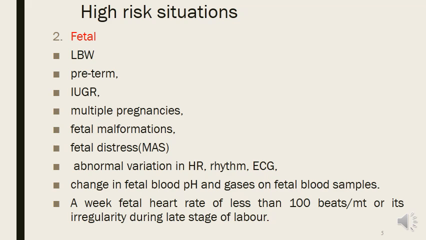In these cases also we can anticipate resuscitation, and fetal distress. For example, in meconium aspiration syndrome, the baby will have severe respiratory distress. In this case also we can anticipate neonatal resuscitation. And abnormal variation in heart rate or rhythm or ECG, and changes in fetal blood pH and gases on fetal blood samples.